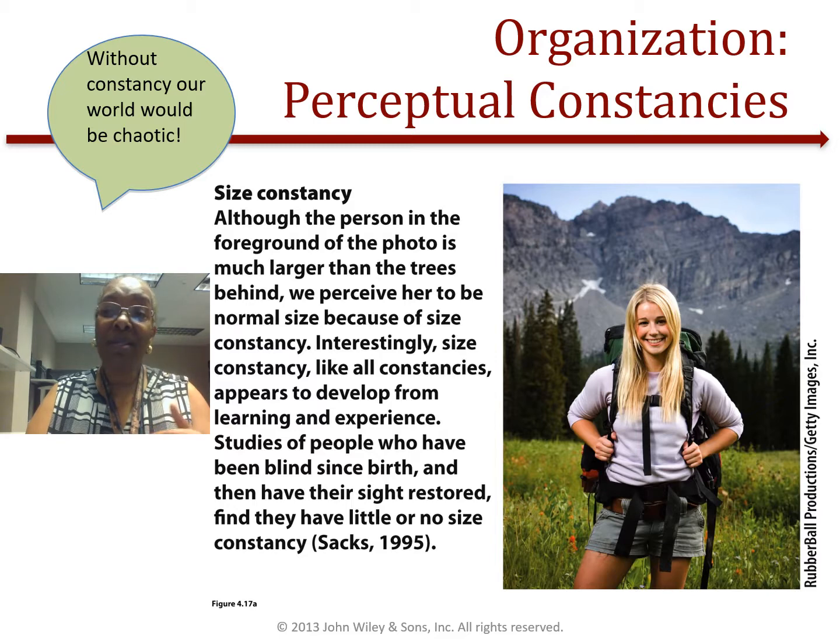The four best known constancies within our perception are size, shape, color, and brightness. So please make sure you stop and take a look. Make sure you have a good understanding of those four, and we'll move on.